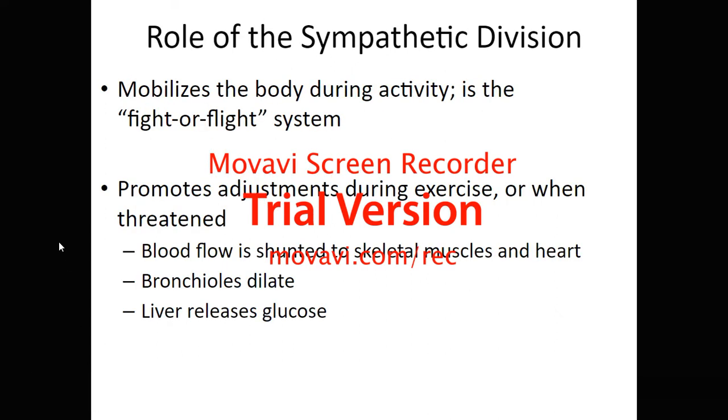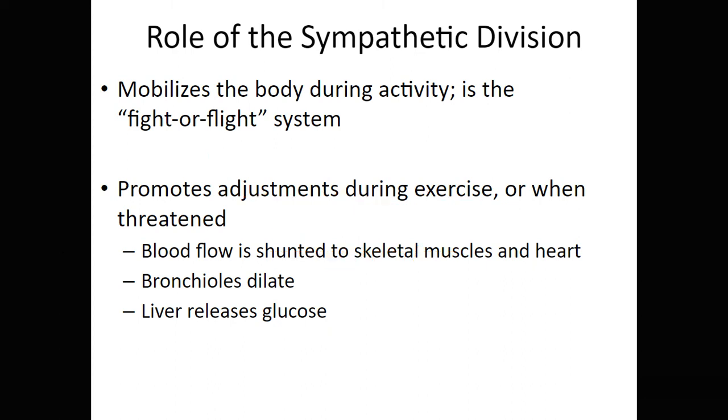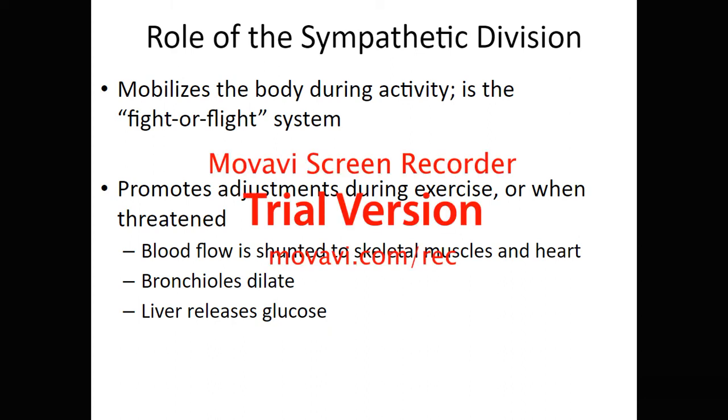The role of the sympathetic division is to mobilize the body during activity. It's the fight or flight system, promotes adjustments during exercise or when threatened. Blood flow is shunted to skeletal muscles and heart. The bronchioles dilate, liver releases glucose.